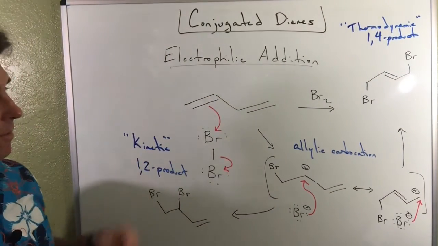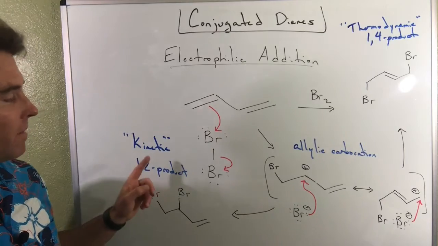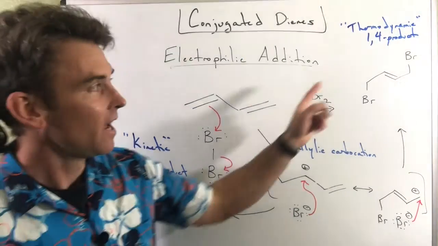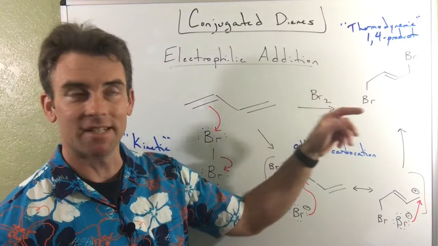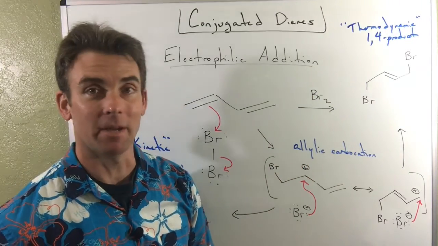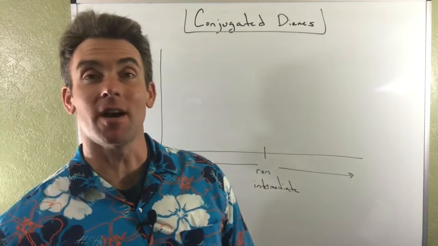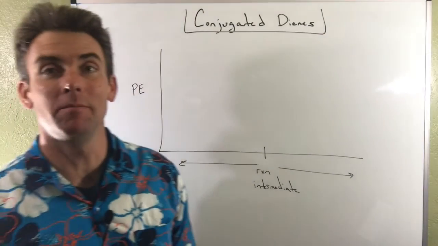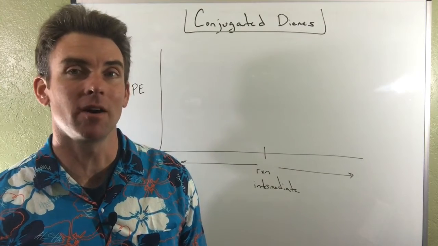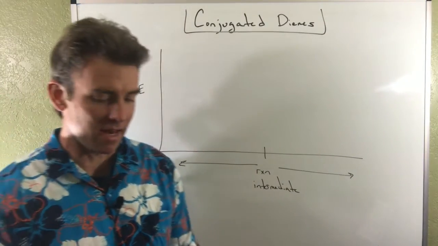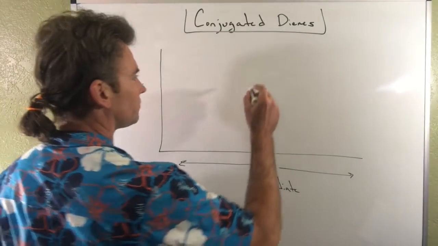Let's take a look at a potential energy surface now, and you'll see why these 1,2 products are called kinetics, and then the 1,4s, 1,6s, etc. are called thermodynamics. So you'll notice I've done something a little bit oddball. We were just talking about the reaction of 1,3-butadiene reacting with Br2. And instead of starting with the starting materials, I'm going to go right to that intermediate that we talked about.